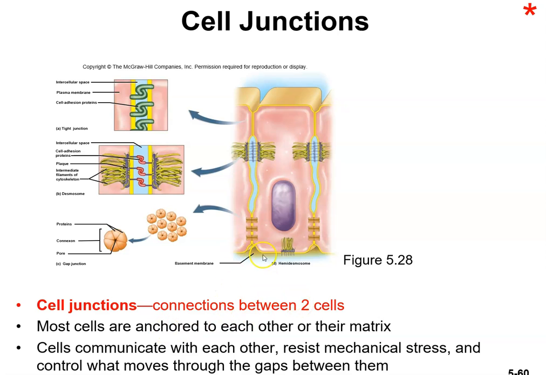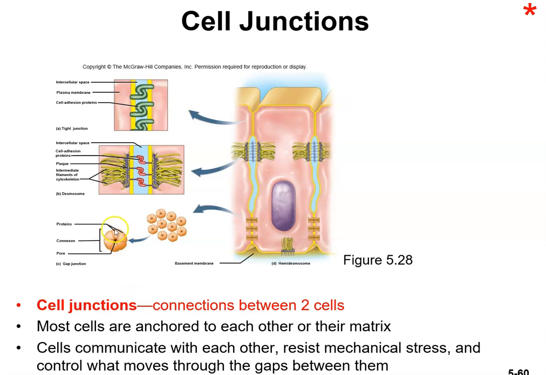Some connections just anchor the cells together, like tight junctions, desmosomes, and hemidesmosomes. Those use protein locks or protein threads to sew or connect the cells together. There's no exchange of materials between the two cells.